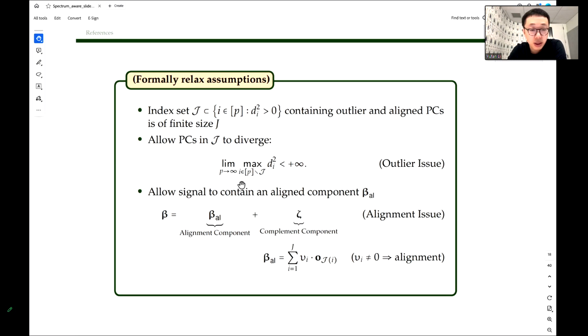And we also allow the signal to have this aligned component, which essentially aligns with the principal components in this problematic set.